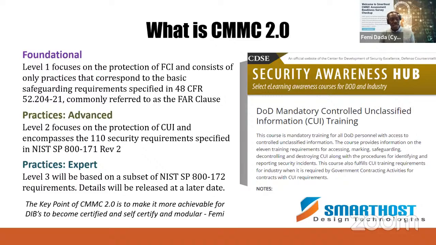But the difference with this self-assessment from the FAR clause that you already agreed to is that the business owner or some key personnel at your business have to sign off every year on the foundational level in order to be compliant. So basically, they're saying that you cannot just say, hey, I'm certified, and then nobody checks.